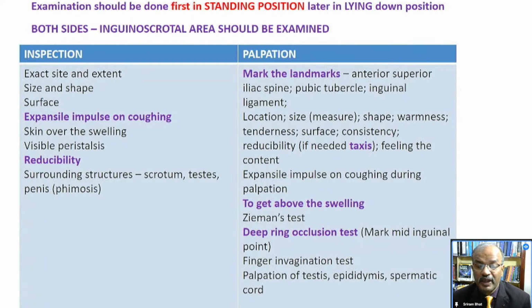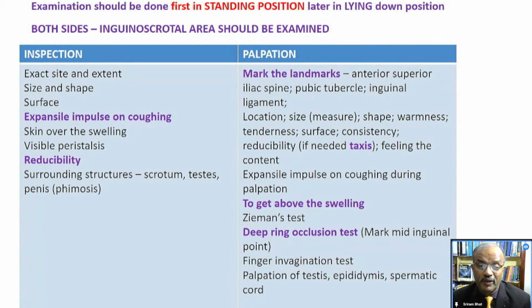For the indirect deep ring you occlude with the index finger, and over the direct external ring you put your middle finger, then over the saphenous opening where femoral hernia occurs, you put your ring finger. Index finger over the deep ring, middle finger over the external opening, and the saphenous opening is the ring finger.